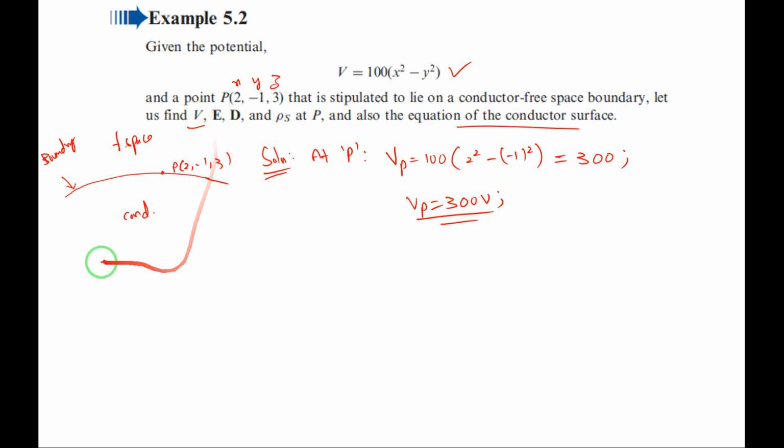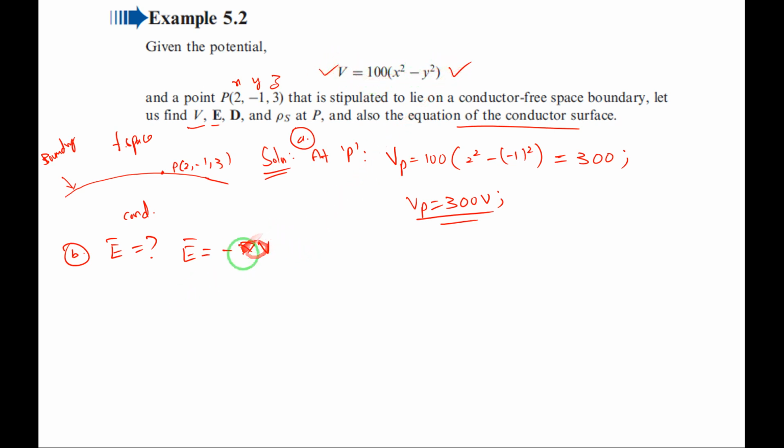Let me call this part A and part B. A is over, next B. The electric field we want to find out. So how to find it? E is equal to minus the gradient of V, minus del V. We know the V equation, 100 x square minus y square.